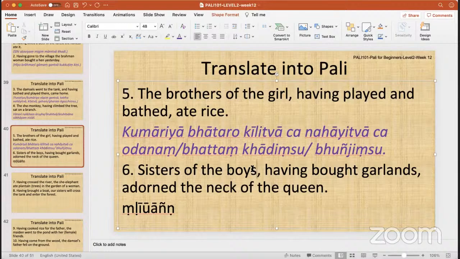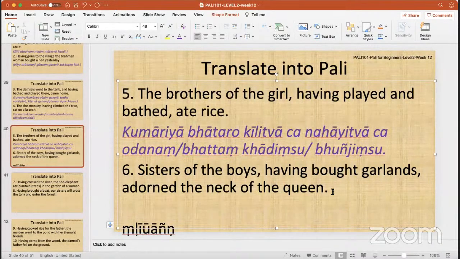Kumaria comes first, before Bagino. Kumaranang, because it is plural, Bahuvachana.